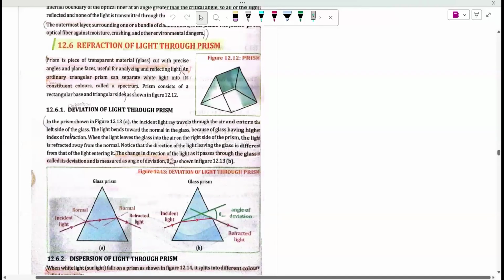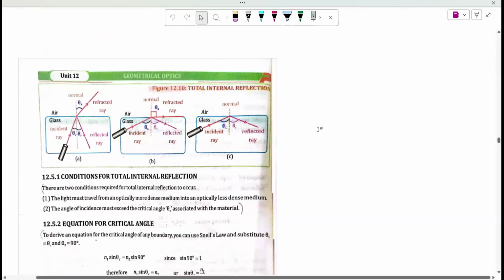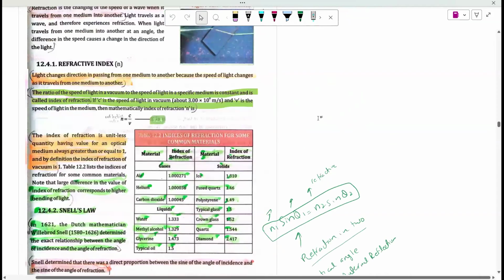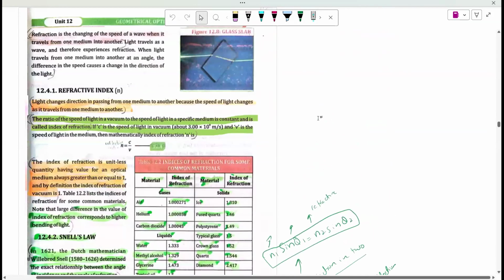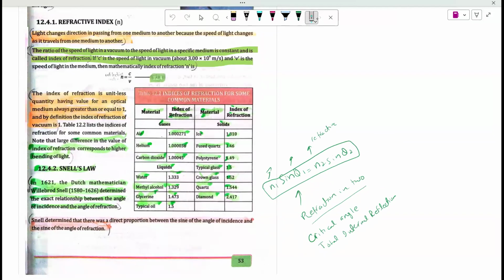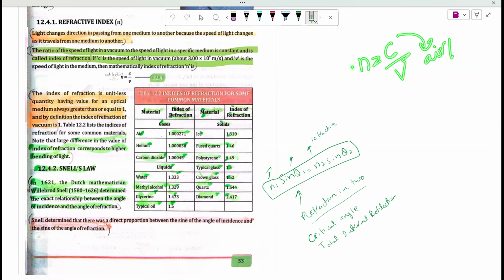So the next topic that we will do today is in response to the last topic that we have done, which was refractive index. We did two formulas, and the diagrams were respectively as this one. So N basically is defined as N equals C over V. Here C was the speed of light in air or vacuum, and V was the speed in that medium.